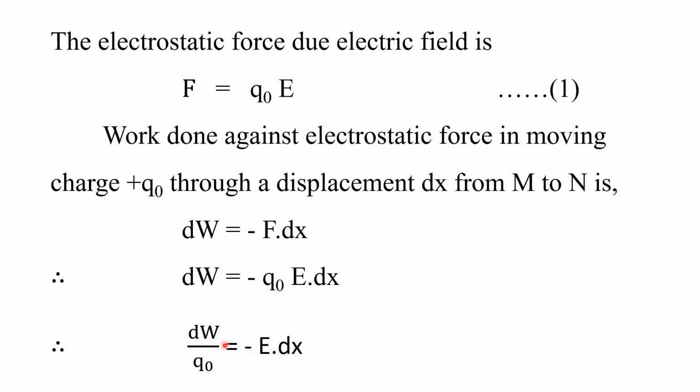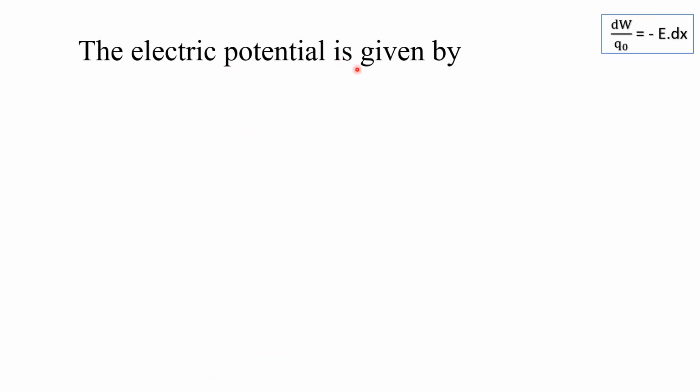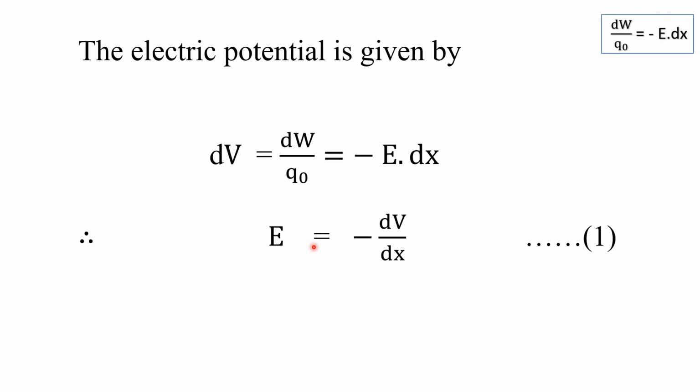Now the electric potential is given by dV is equal to dW upon q0, and dW upon q0 is minus E dx. Therefore E is equal to minus dV upon dx.